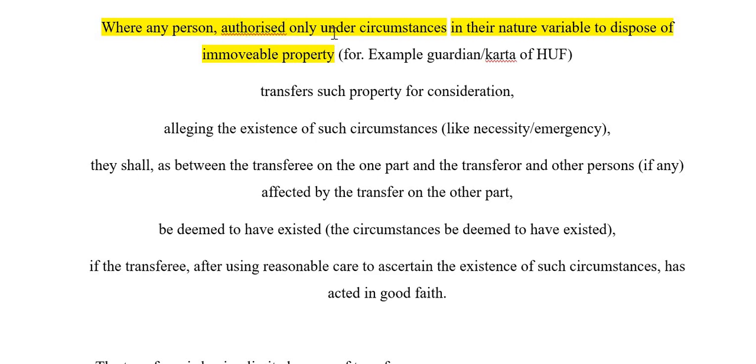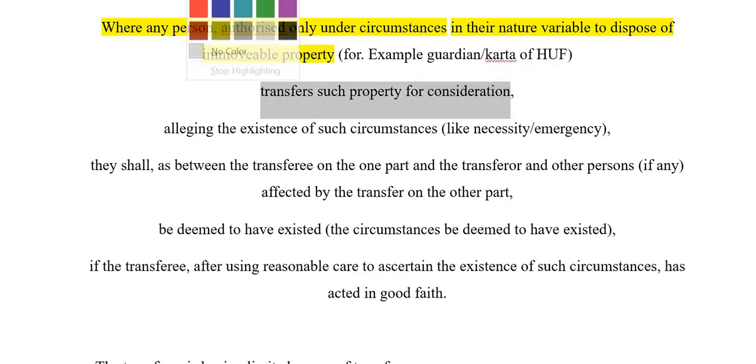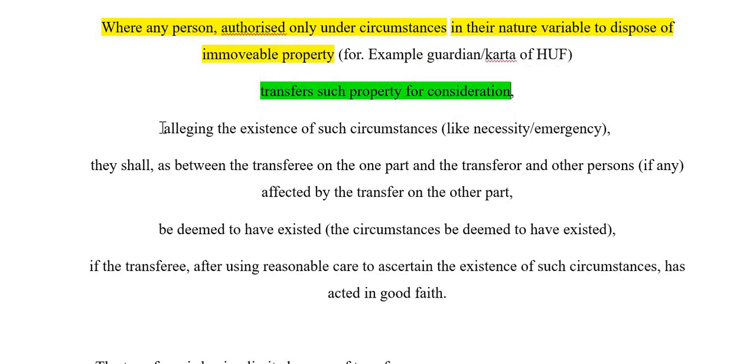And this person, who is authorized to transfer only under certain circumstances, has transferred such property for consideration, and he is alleging the existence of such circumstances, that yes, such circumstances exist and I am making the transfer.